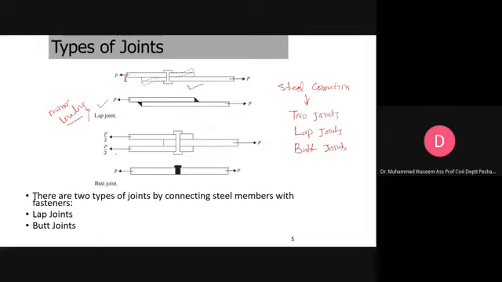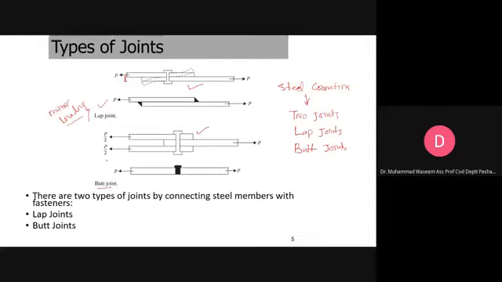On the other hand, if you see a butt joint, a butt joint is constructed with the help of three components. In a butt joint we have symmetrical loading. There is no bending or local bending of the members in this type of connection.